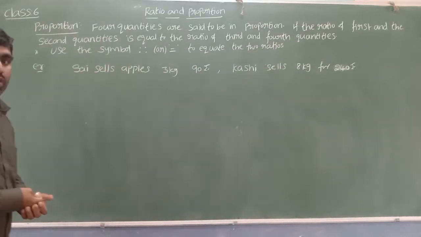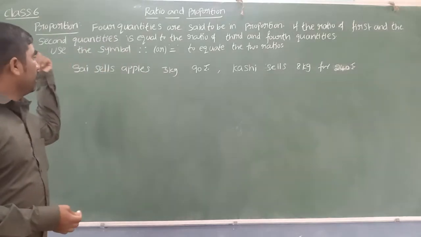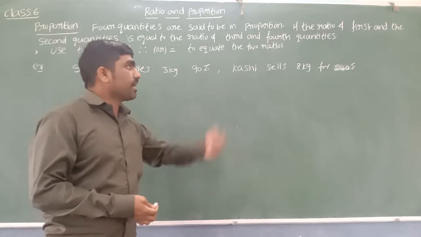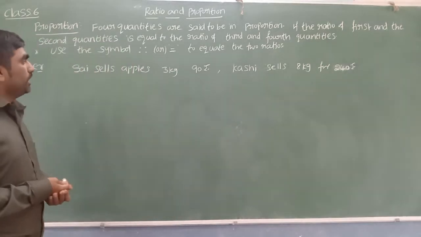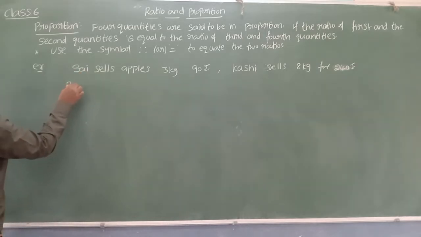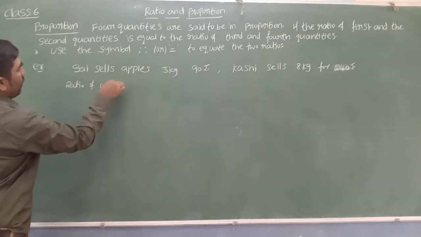Now I want to know whose apples are more expensive: whether Sai is selling the apples more expensively, or Kashi. To know that, let us find the ratio of the weight of apples.